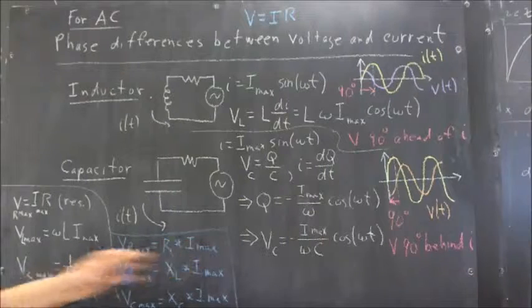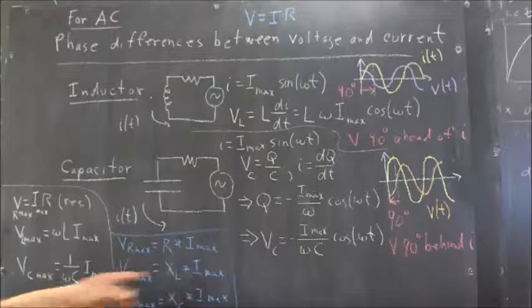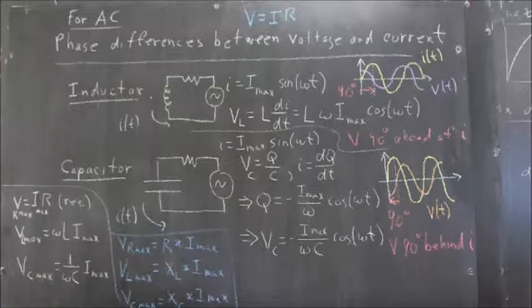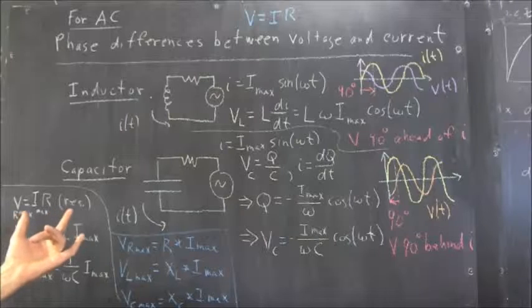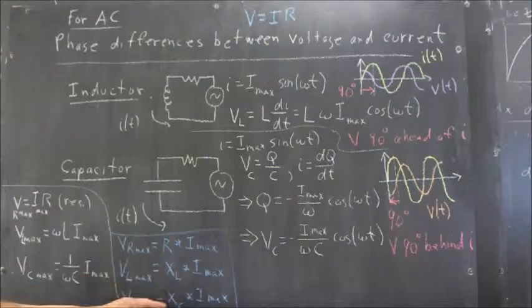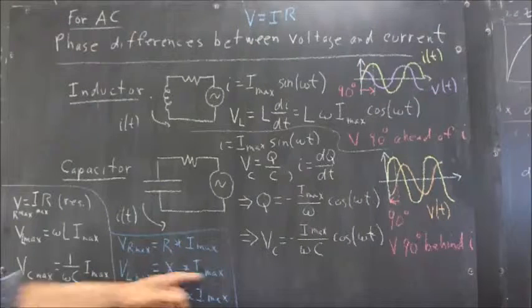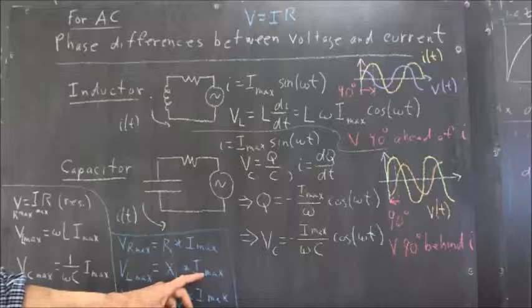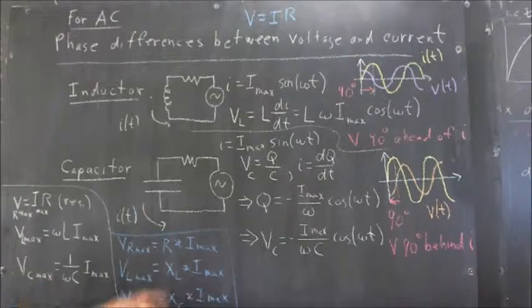In this case, it wouldn't matter, but here it does kind of matter that we're looking at the maximum. So that XL and XC act very much like resistance in reducing or increasing the voltage necessary to push a current through the circuit element.